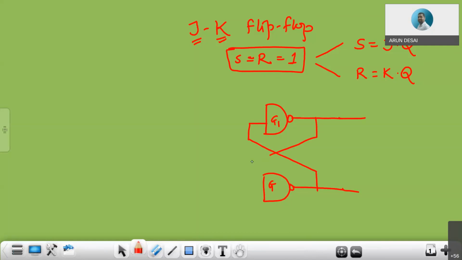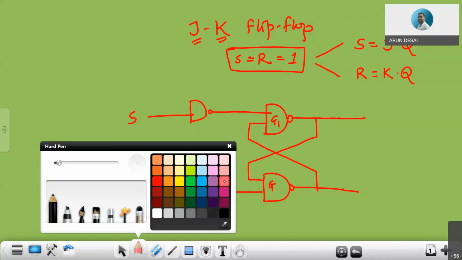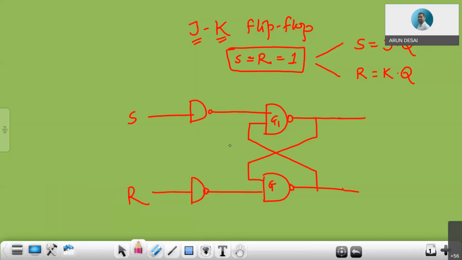This is the latch. This is my S and R, right? What they are trying to do is, S is converted like this. This is my Q bar.